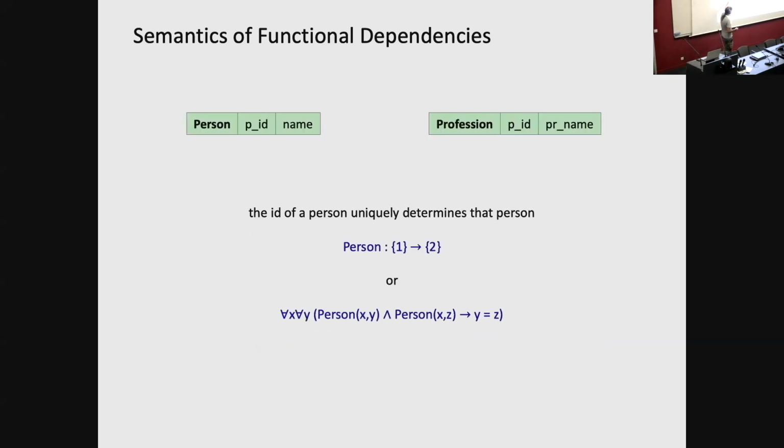If something holds, which is this equality, then something else should hold. And actually, this can also be easily expressed using logic. If we go back to our person example, where the first attribute should functionally determine the second, essentially we are saying that whenever we have two person relational atoms that agree on the first attribute, and as you can see there, I use the same variable x to precisely say that, and they have some other values y and z in their second attribute, then I expect y and z to be the same value.